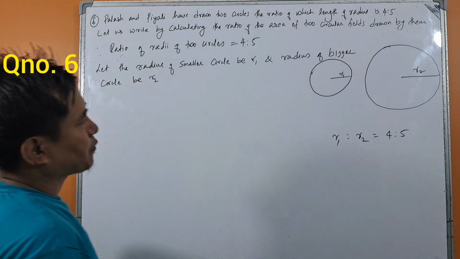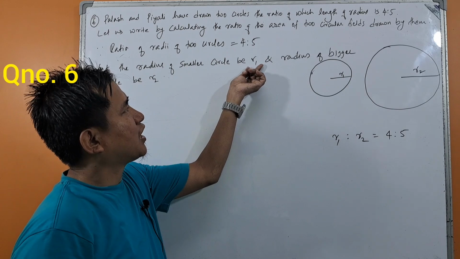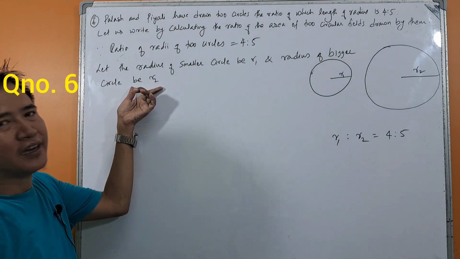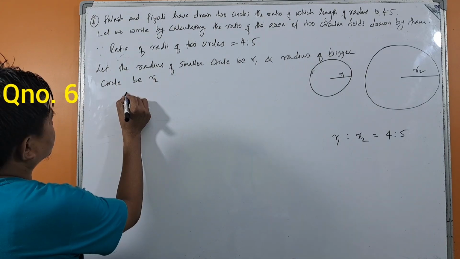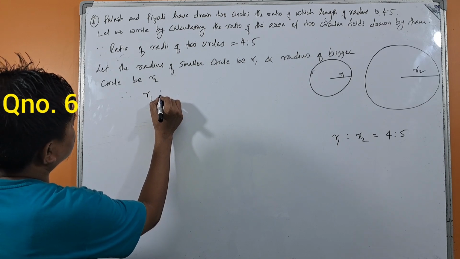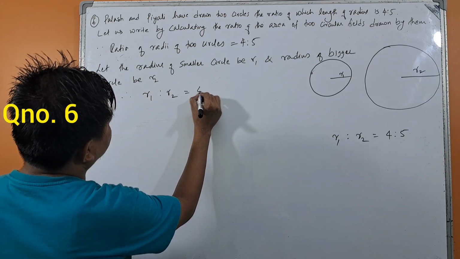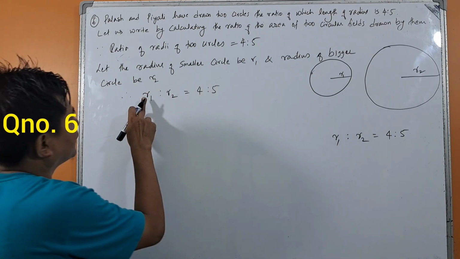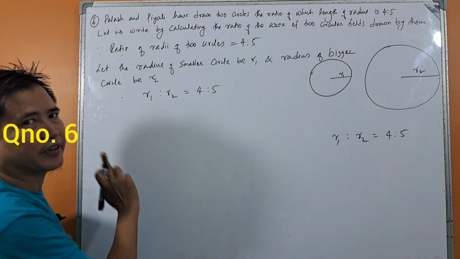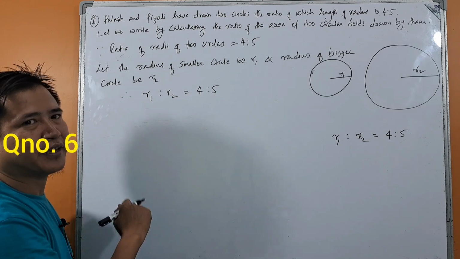Therefore r1 is to r2 equal to 4:5, with r1 being 4 and r2 being 5.